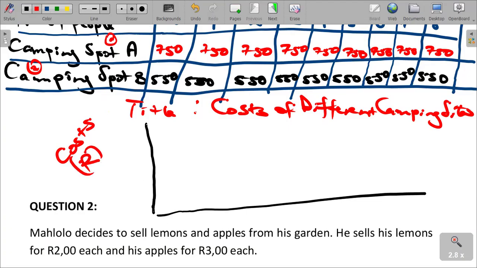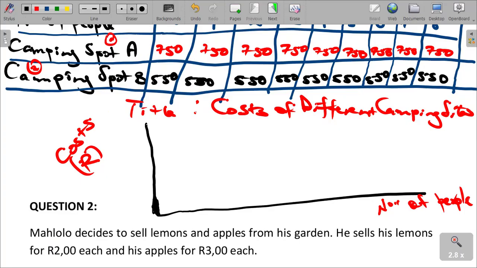And then on the horizontal axis, we have the number of people, who are the people going to each camp.